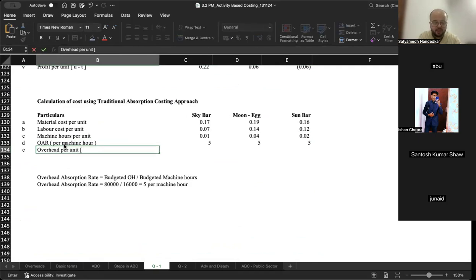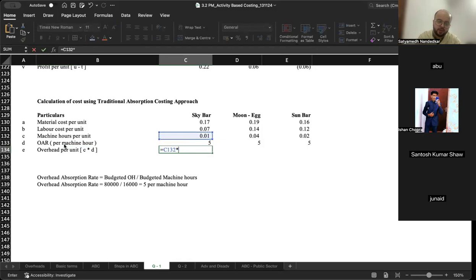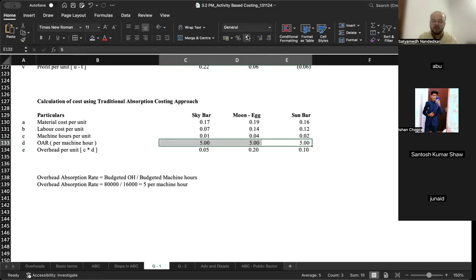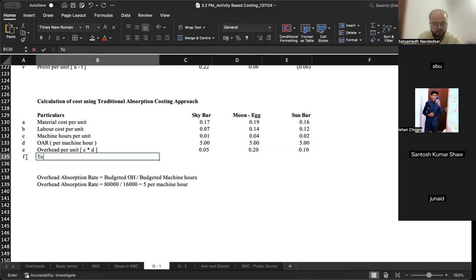How much will that be? C, that is machine hours per unit, into D, that is overhead absorption rate. 0.01 into 5, 0.05, 0.20. This way. Now, can you arrive at the total cost per unit? Of course, you can. A plus B plus E.